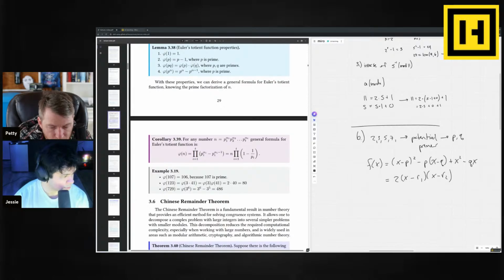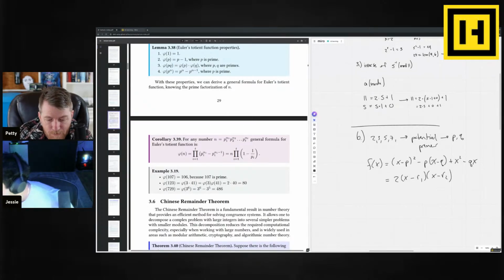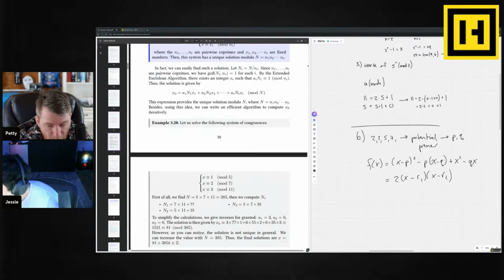For any number, the general formula for Euler's totient theorem is this. So you're deconstructing a number into its prime composition, which is a prime to some exponent times another prime to some exponent. When you have that, you can then use that tau function to break it down.